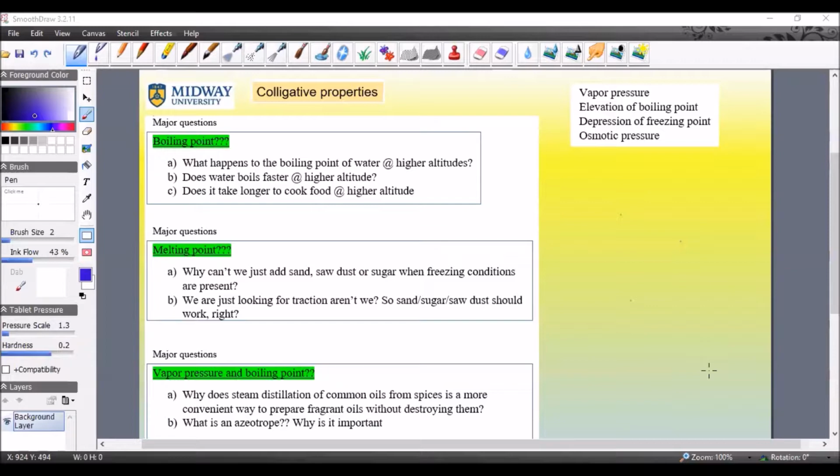So what happens to the boiling point of water at higher altitudes? Does water boil differently in Denver at higher altitudes than it does in, for instance, Lexington, Kentucky? Does water boil faster at higher altitude? Does it take longer to cook food at higher altitude? Do I know the answers to these questions? Of course I do.